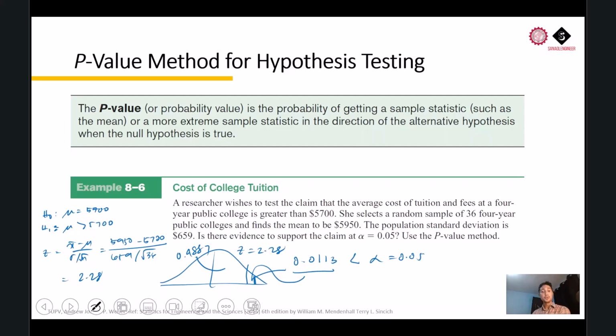Therefore, the conclusion is to reject the null hypothesis. Okay, do you understand? So, in order to reject the null hypothesis using the p-value method, the corresponding probability of the z-score must be less than the allowed chance to commit an error.